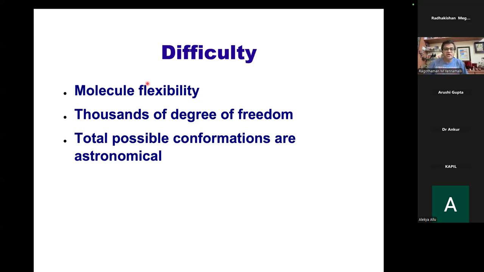So it's an average model. Average model means that there are multiple conformations, and if there are multiple conformations, then it is very difficult to find out the electron density. So molecular flexibility for the protein itself is a big limiting factor.